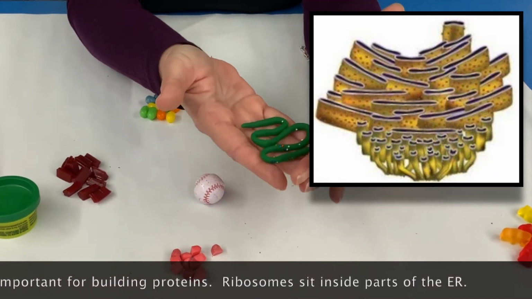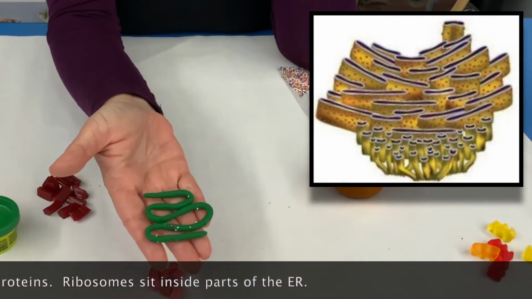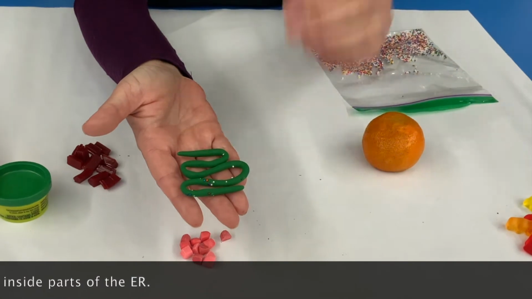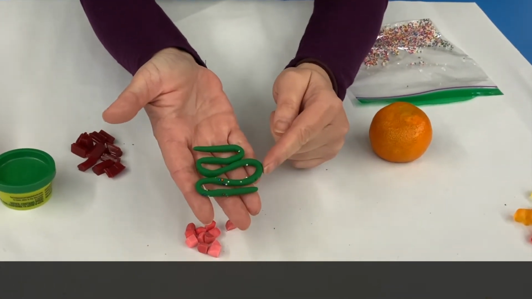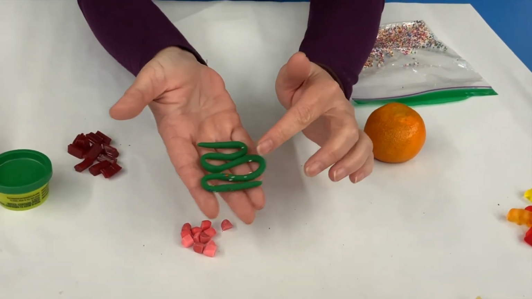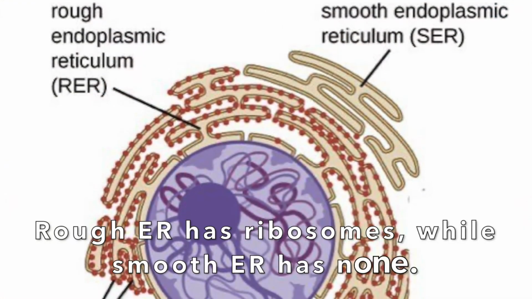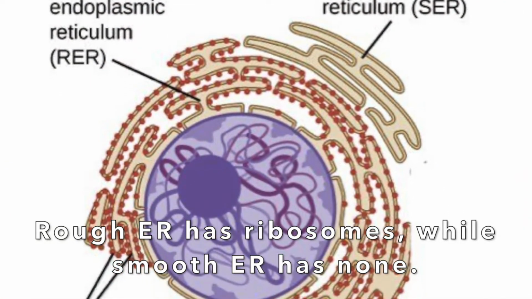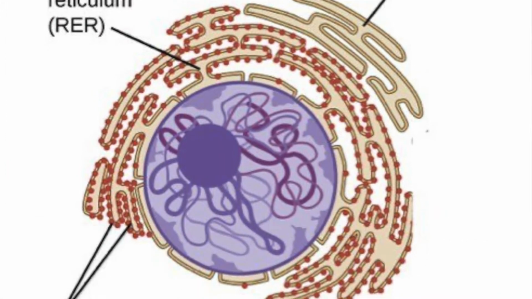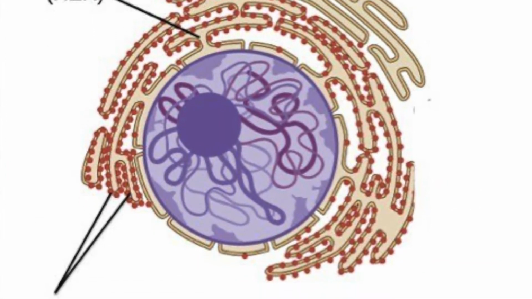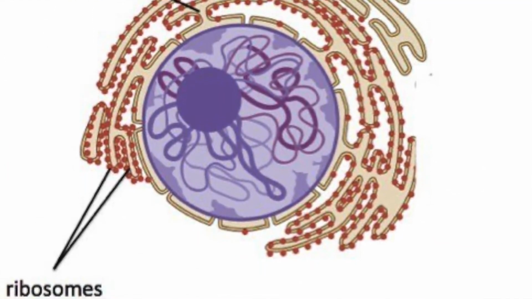So they sit inside parts of the ER, we can call it. And there's two different types of ER. There's the rough ER, which has the ribosomes, and the smooth ER, which does not contain ribosomes. But these, again, all play a part with the ribosomes in creating proteins for your cells.